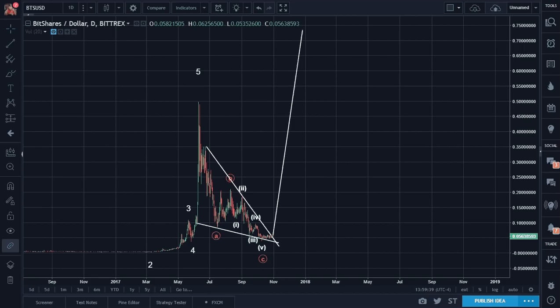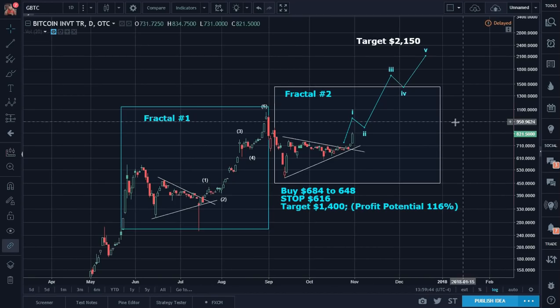I also want to go back to, while I have you guys here on the video, this GBTC. This is where I recommended in the range of 648 to 684 was the ladder to build, when it was as low as 488.